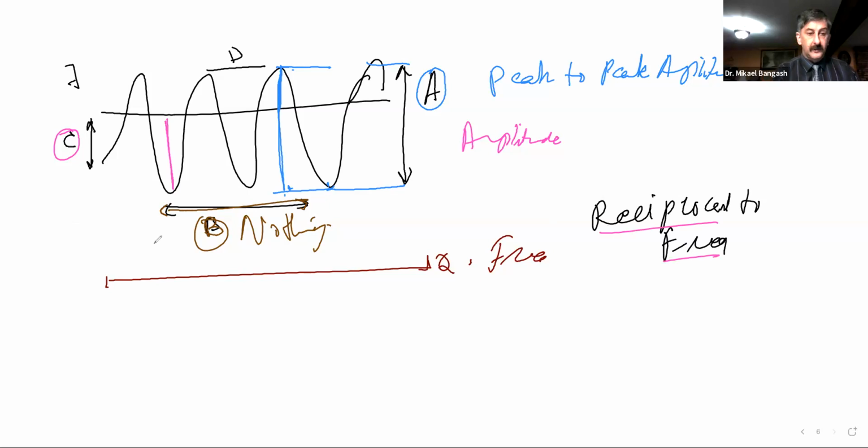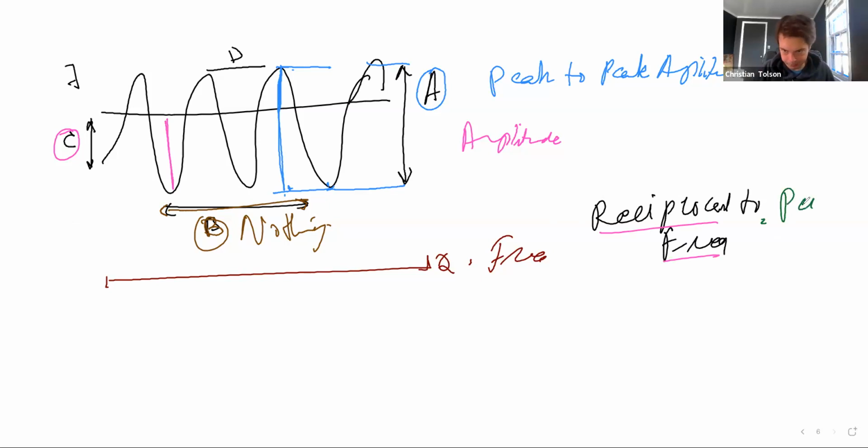What was reciprocal to the frequency? Period.